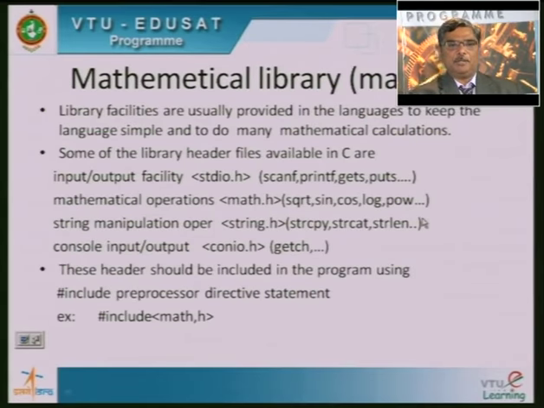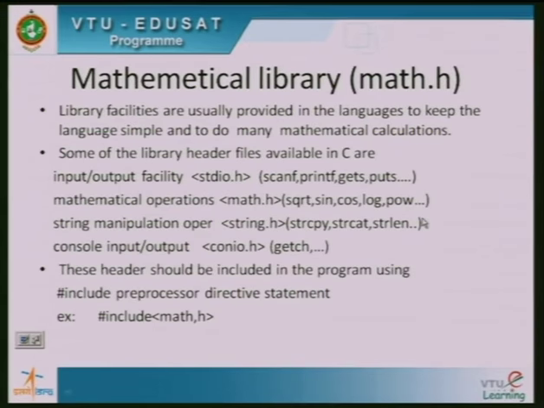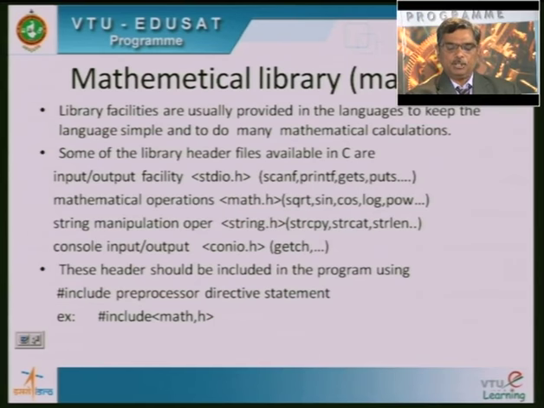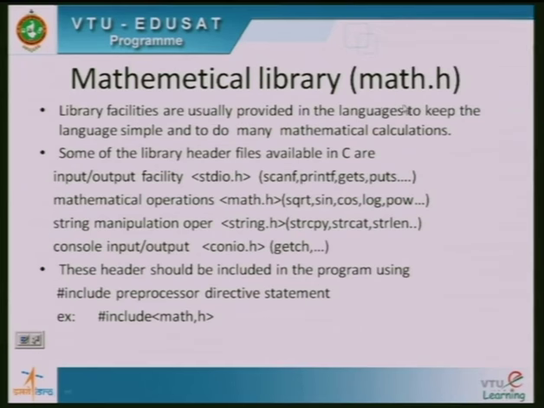For all these things, you require header files. If you want to do mathematical calculations, like sin theta, square root function, cos value, logarithmic value, power function, and if you want to use these, you require a library called math.h, that is the mathematical header file, in the program.